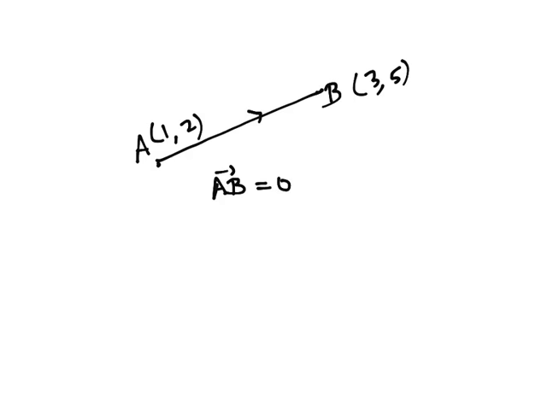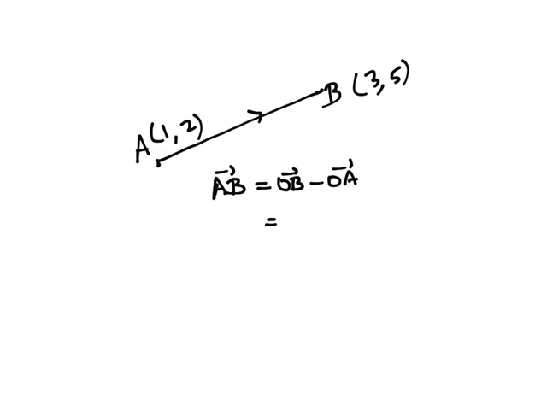Now suppose you have a point A, let's say 1 comma 2, and the point B with coordinates, let's say, 3 comma 5. Then how do you find AB vector? Again, quite simple. AB vector is nothing but OB minus OA.